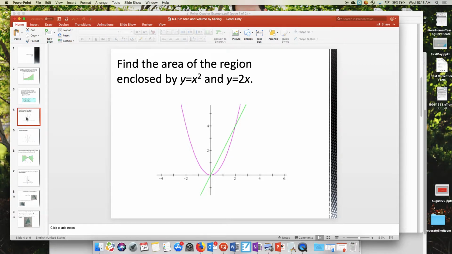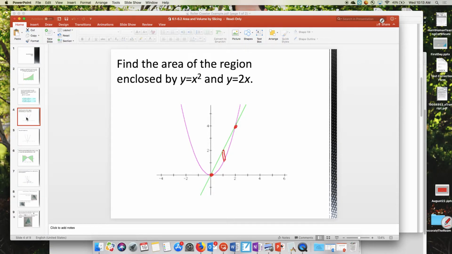And then we'll get to do some examples throughout the class. So in this example, I have y equals x squared and y equals 2x. If I want the area in between them, a couple things we need to know. We need to know where they intersect. I also want a picture drawn for us. And I also want the rectangle.